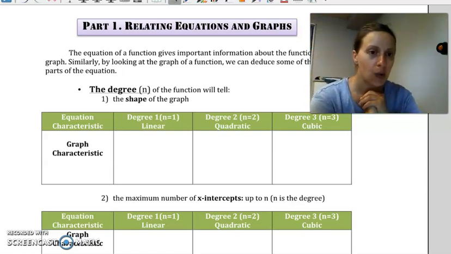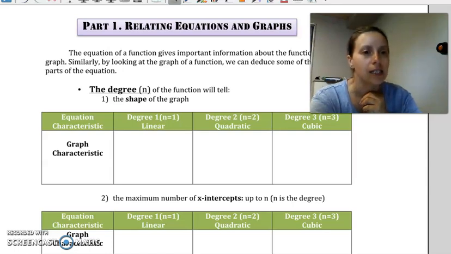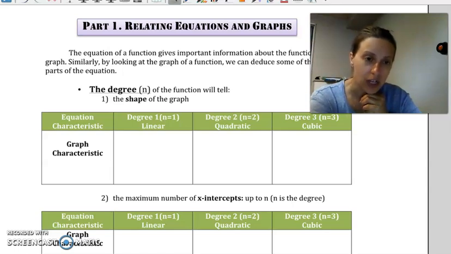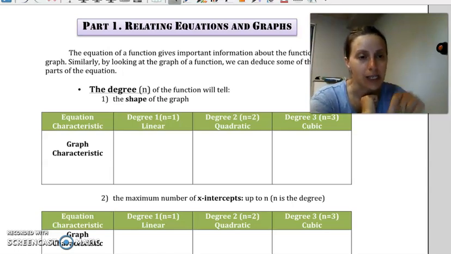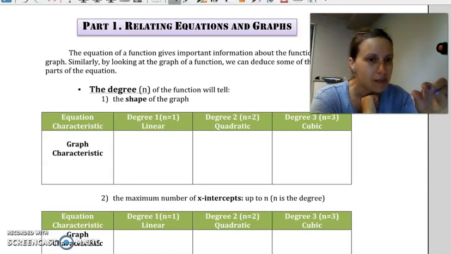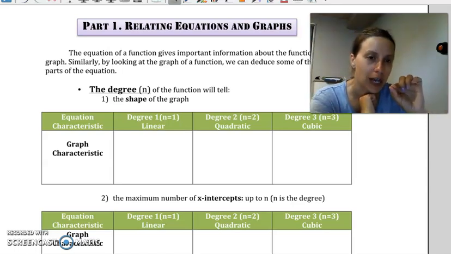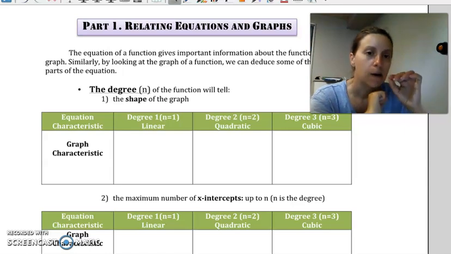But I want you to stay away from words like increasing and decreasing, except for the linear function, polynomial of degree 1. Only for those functions you can use the words increasing and decreasing, and actually a little bit for the cubic function as well. Why?